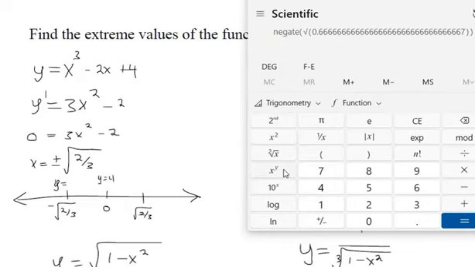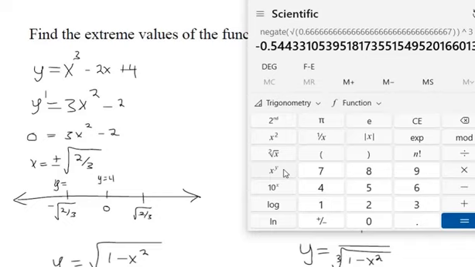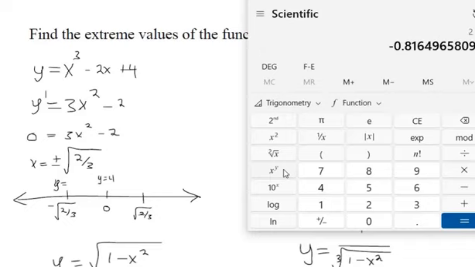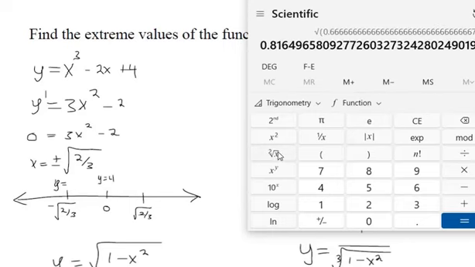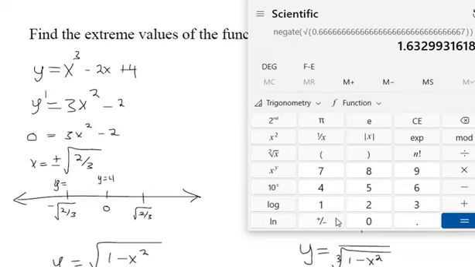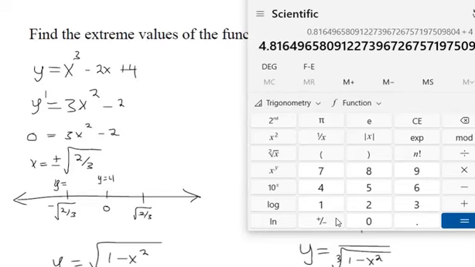If I cube it, a negative times a negative is going to make a positive. Oh, I forgot what the cubed one was, but this is the middle term. So we got negative square root of 2/3 plus that term plus 4. I just used my calculator. I got 4.81.